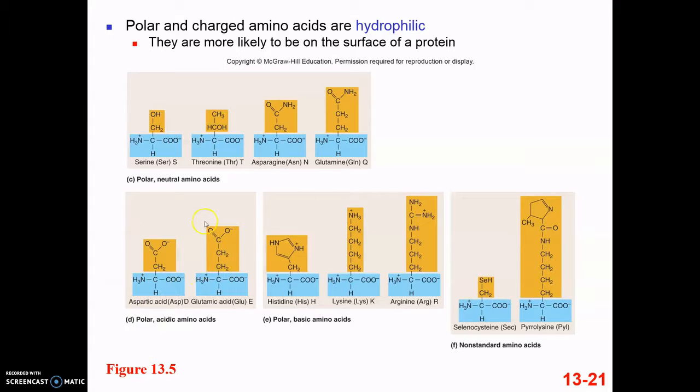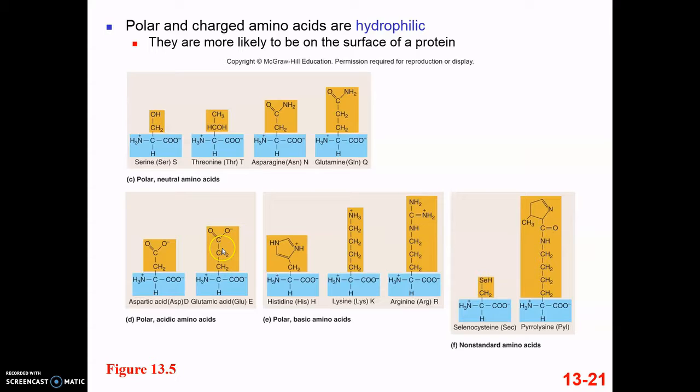Down here we have polar but charged amino acids. In this case, these are acidic. So these all have carboxylic acid, and you see them here in the ionized state. So the hydrogen proton has been ionized off, leaving its electrons with the oxygen, giving it a net negative charge.